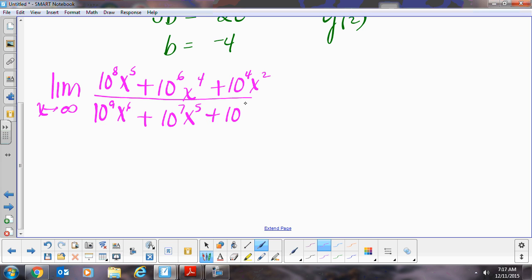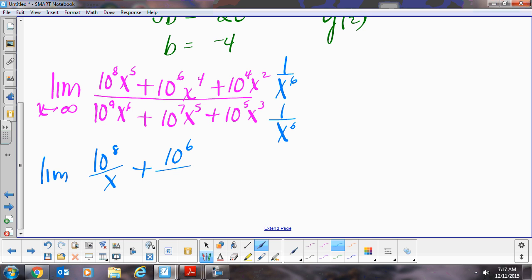So how did they make this look awful? Well, all those powers, that's ridiculous, right? Anyway, this is going to be 1 over x to the 6th. This is going to be 1 over x to the 6th. So this is going to be the limit of 10 to the 8th over x, and then 10 to the 6th over x squared, and 10 to the 4th over x to the 5th.